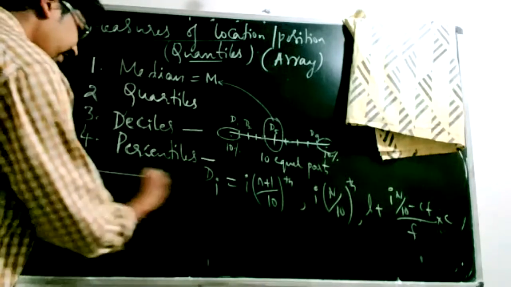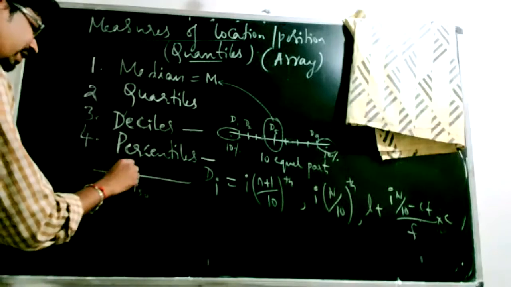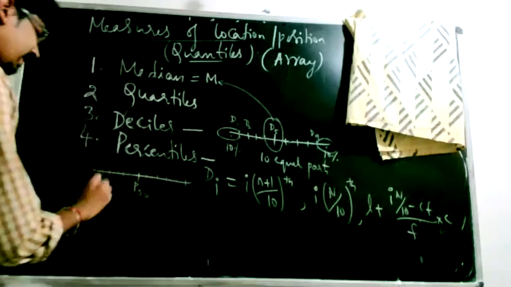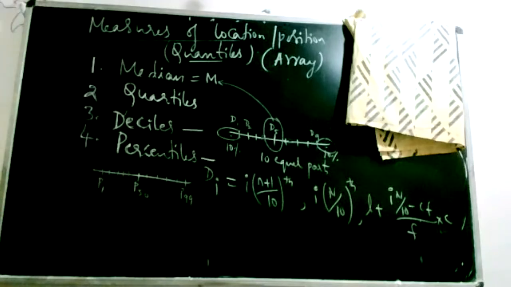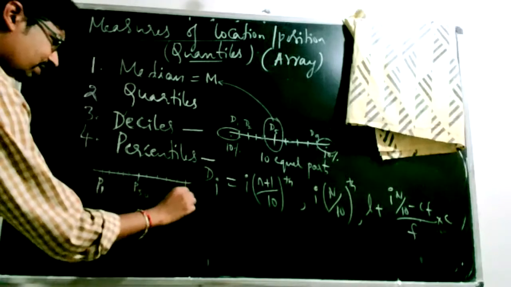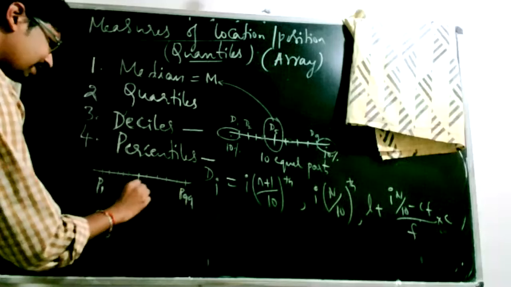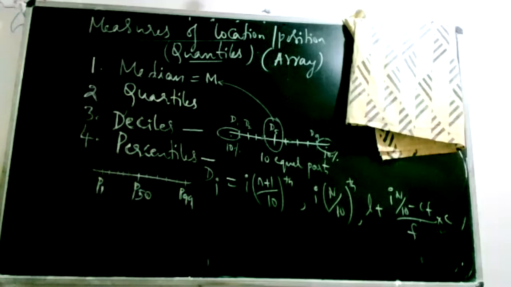Therefore, we try to divide the distribution into 100 equal parts by making 99 cuts, and these 99 values of x, each dividing the distribution into 1% parts, are called percentiles. Even in the percentiles, P50 will be the same as the middle value.